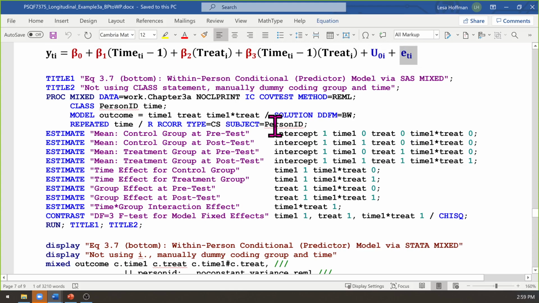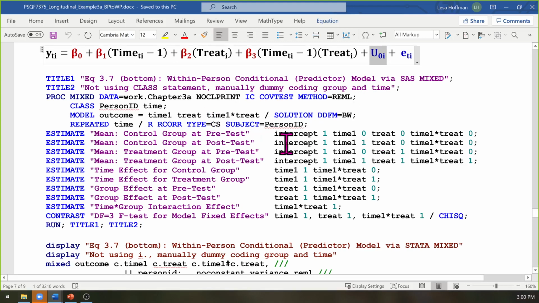So it's tricky because residual used to mean just leftover, and now it's like residual at level 1 because it's leftover level 1. So I'm going to try and stay away from the term residual and say leftover. E is the leftover level 1 residual variance. U is representing the leftover level 2 between-person random intercept variance.